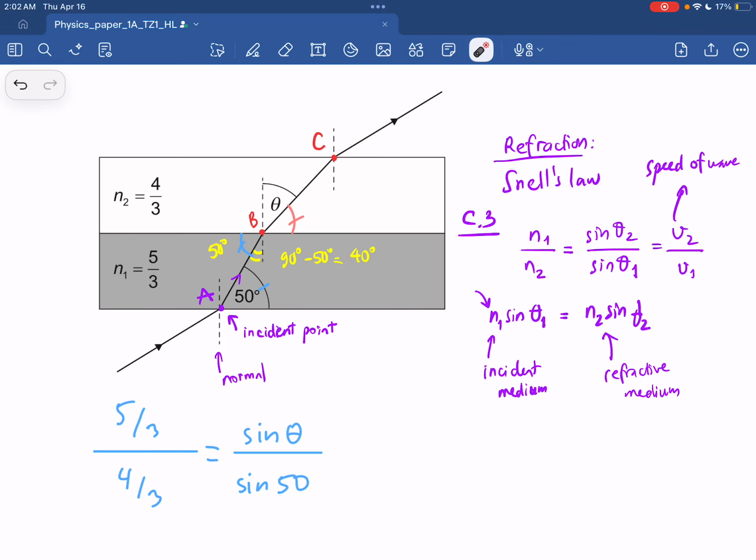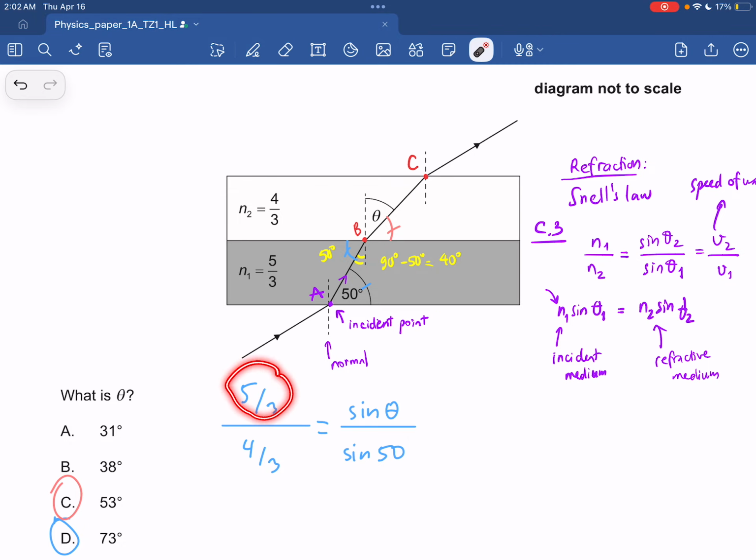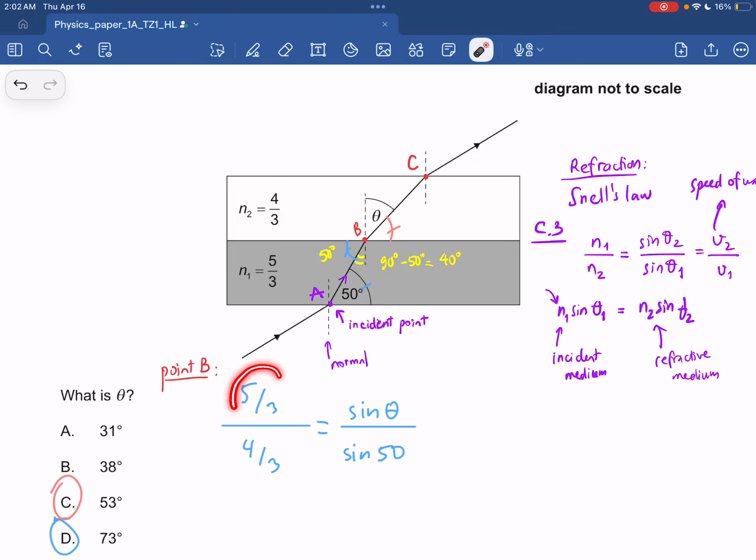So what I want to highlight is that this applies for each incident point, so we have to make sure which incident point we are talking about. If this is the n1 for you and this is the n2, you're looking at point B, sorry, point B. So this one is n1, yes, and this should be the sine of theta 1.